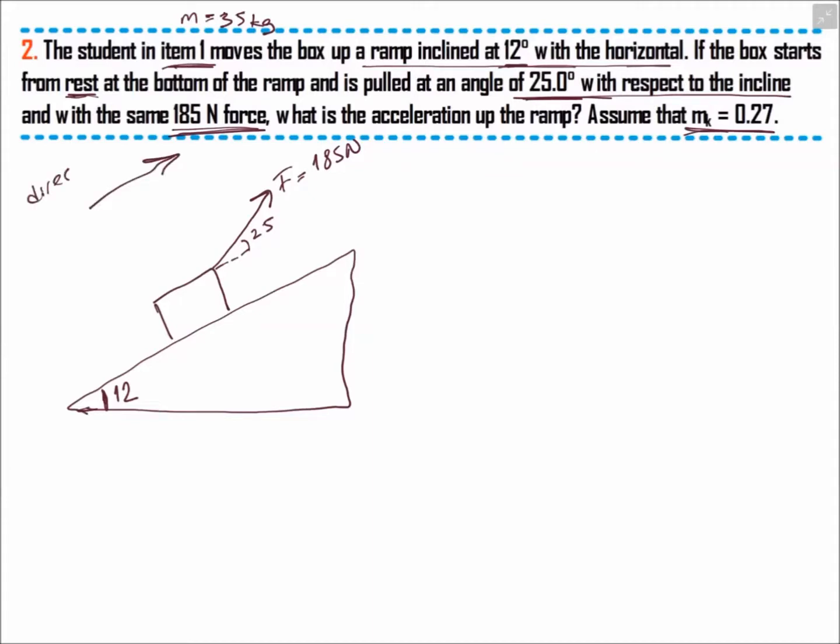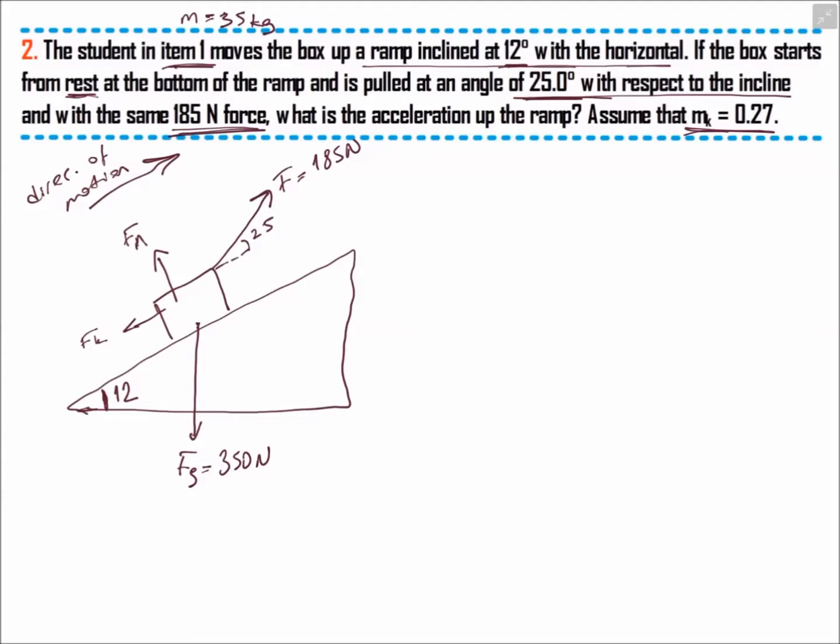First of all, we have to draw the free body diagram. Firstly, we draw Fg, the weight of the object. It is 35 kilograms, so it will be 350 Newton if we take g as 10. In the opposite direction of the motion, there will be Fk, kinetic friction, and there will be Fn, which is perpendicular to the surface.